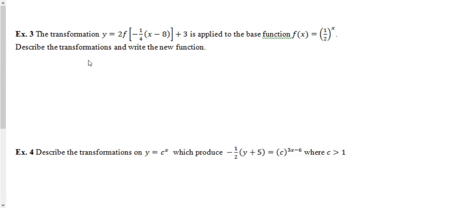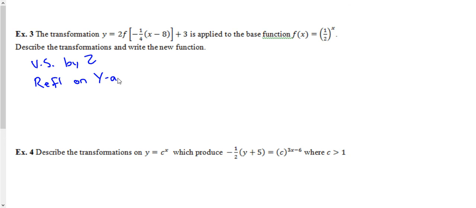In example number 3, it says here the transformed function is applied to this base equation. Describe the transformations and write the new function. So let's see what we have. We definitely have a vertical stretch by a factor of 2. We have a reflection on the y-axis because that's on the inside of our function.